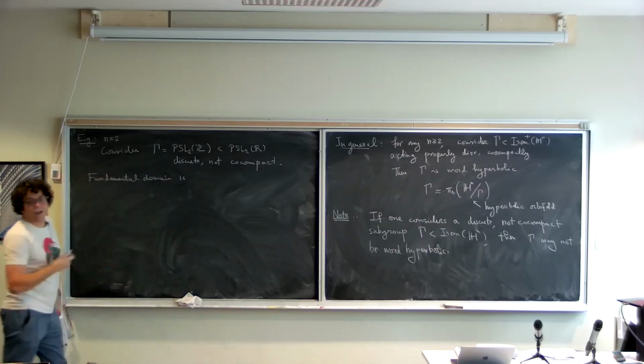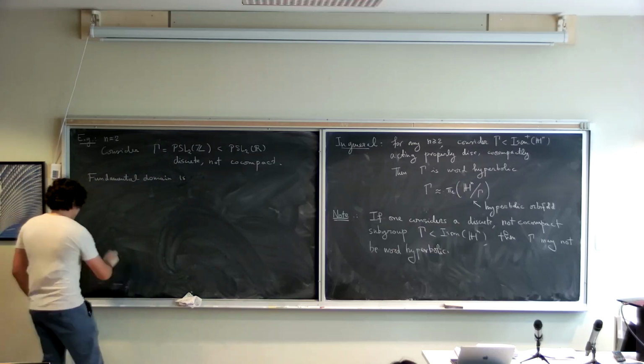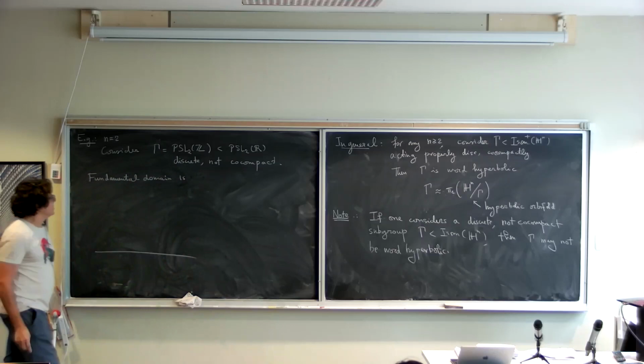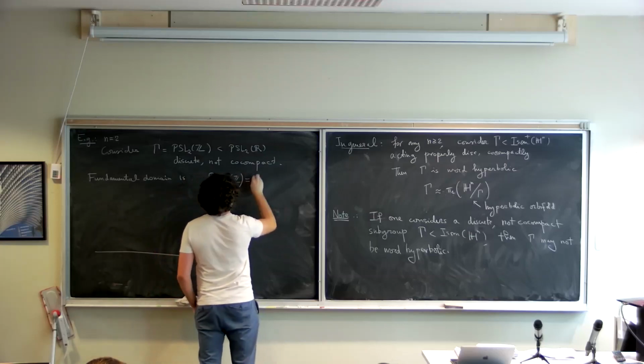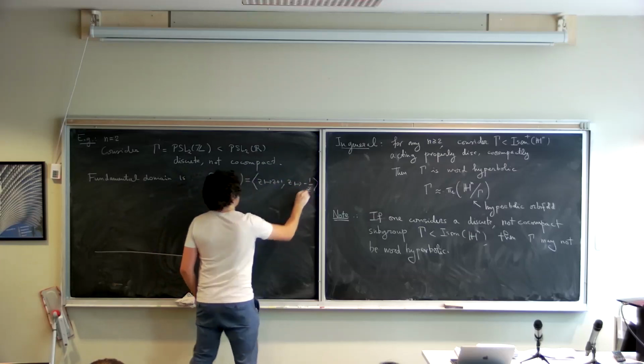What's the fundamental domain of PSL2Z? You might have seen this in other courses. Look at the upper half plane. PSL2Z is generated by these two maps: z goes to z plus 1, and z goes to minus 1 over z.